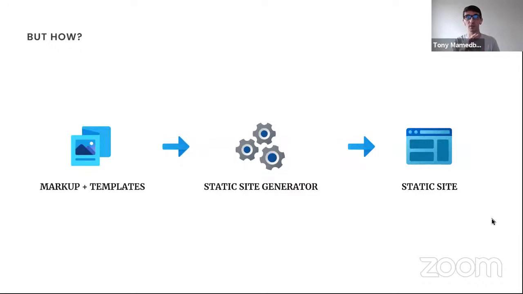And then the static site generator will grab that content, build static pages out of it, and deploy it to a server that can serve this website. In our case, it's going to be a CDN.